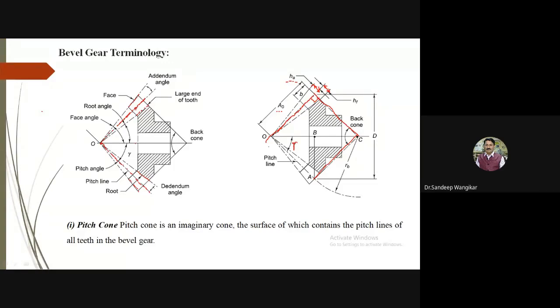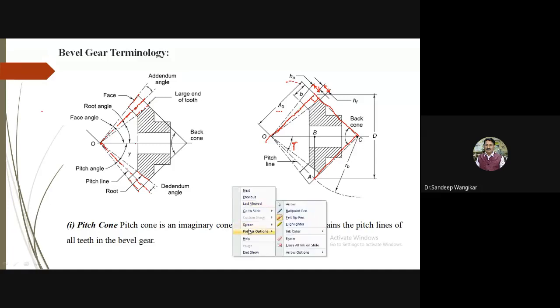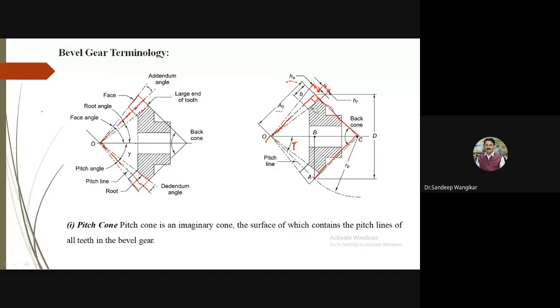Okay, so this is the concept of the back cone and pitch cone. Let us move further, and let us discuss some more points related to this. You might have drawn this diagram, and let us discuss further points one by one.